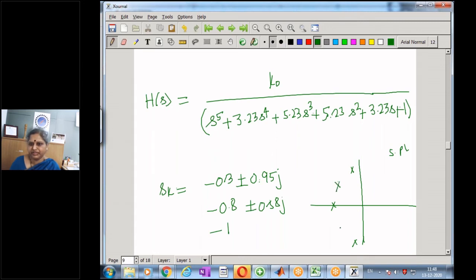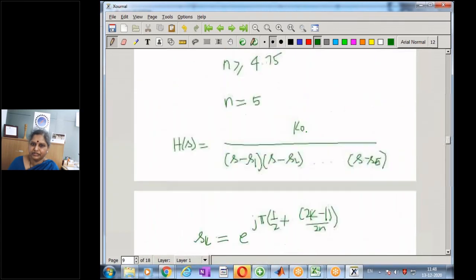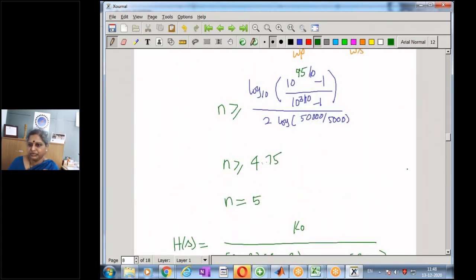So here I have my 5 poles, all on the left half of the S plane and on the unit circle. So this is how we got the transfer function H of s. And what's the cutoff frequency? This is the cutoff frequency omega c equal to 1.